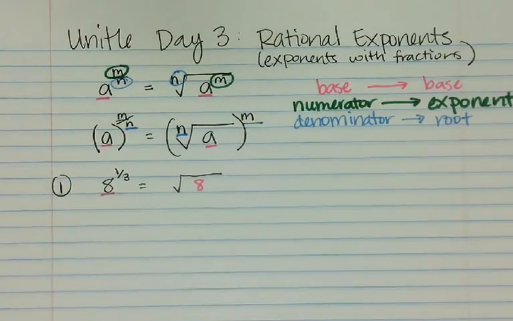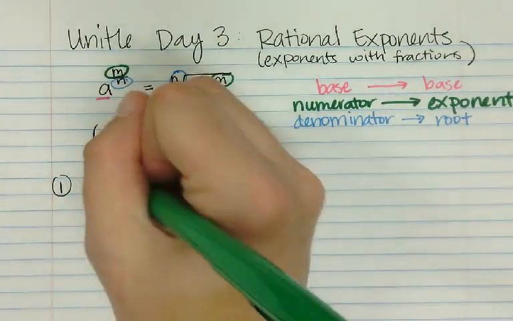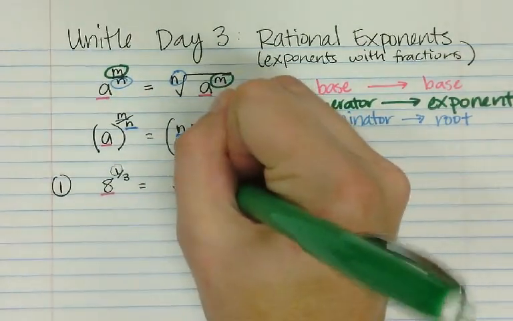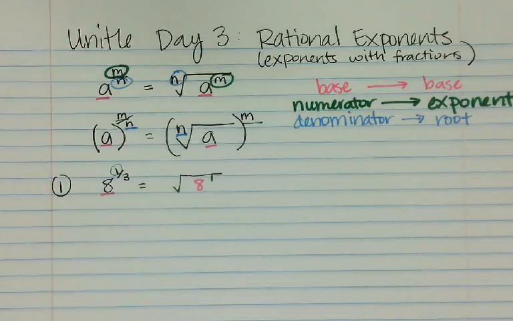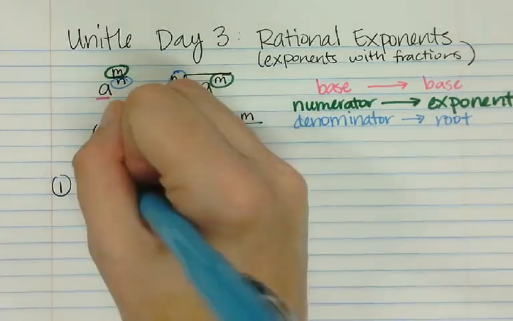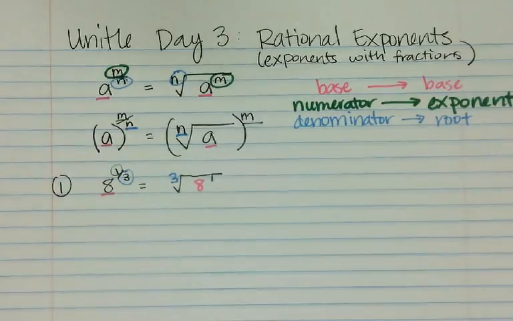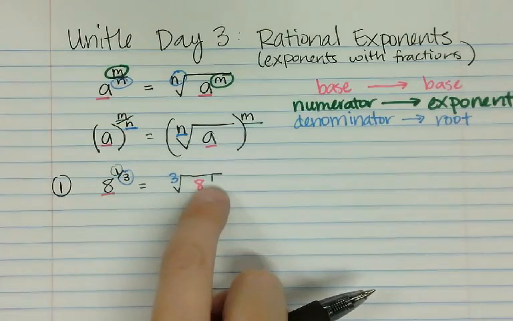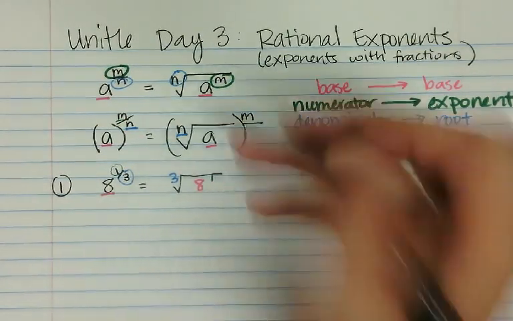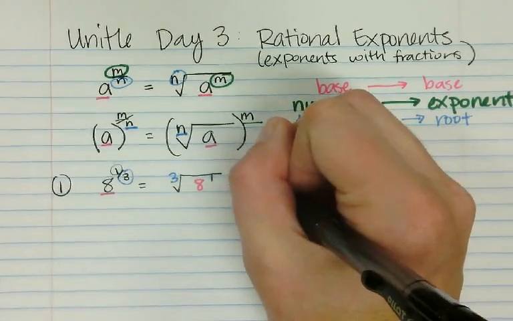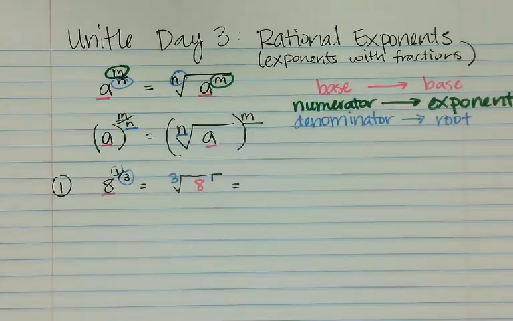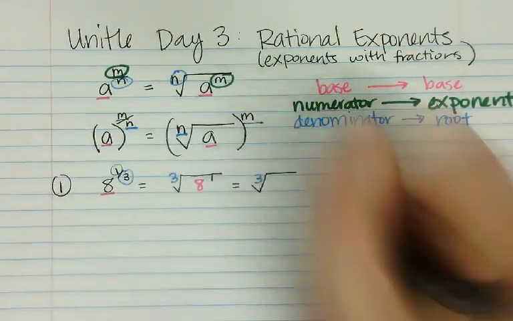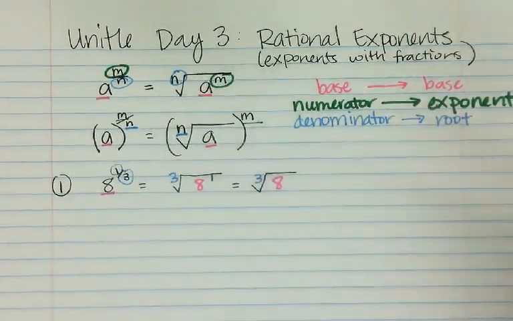And then we would say, okay, 1 is my numerator, so 1 is my exponent. 3 is my denominator, so 3 is my root. So if we do those guys here, then, and here's the deal, guys, when it has an exponent of 1, you don't really need to write that. So this would then become root 3 of 8. There we go.